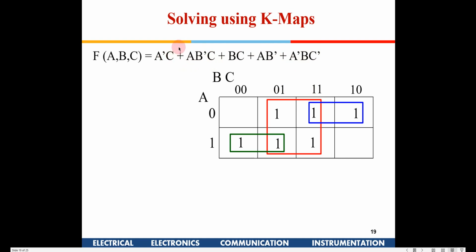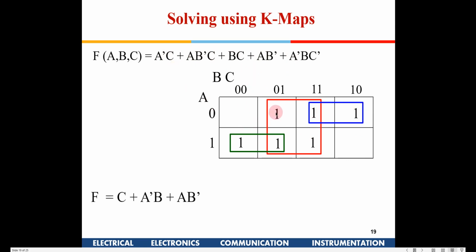We have to write b plus b dash here, so it will become a dash c b plus a dash c b dash. Similarly here we have to multiply it with a plus a dash, so it will become abc and a dash bc. So this is going to give me 2 terms, this is going to give me 2 terms, 6, 7, 8. So there are 8 ones out here.